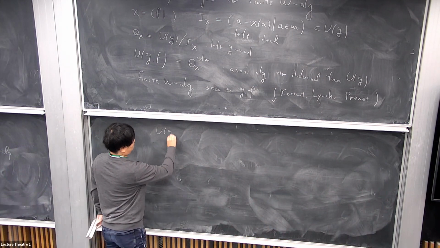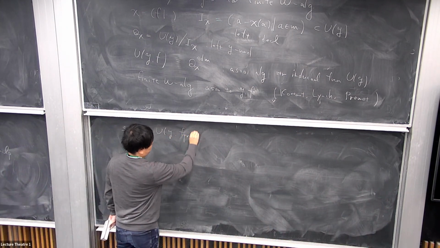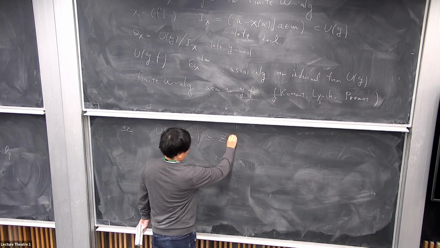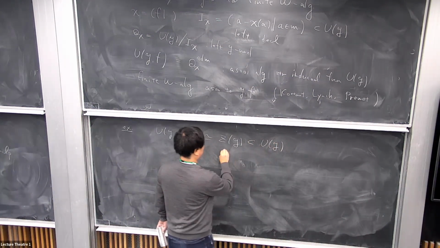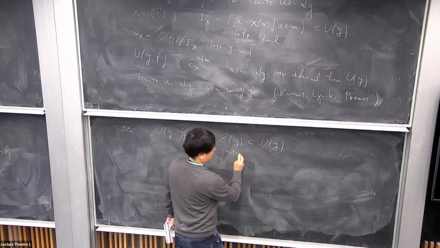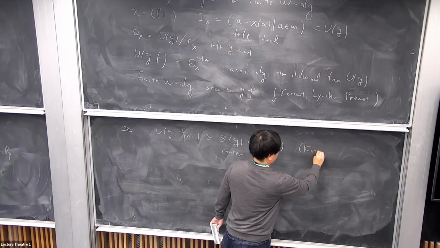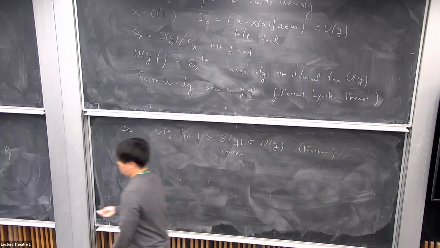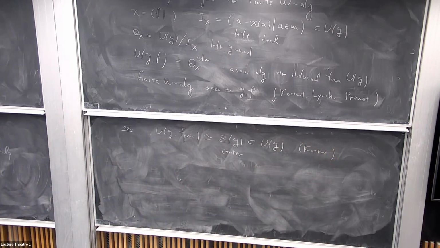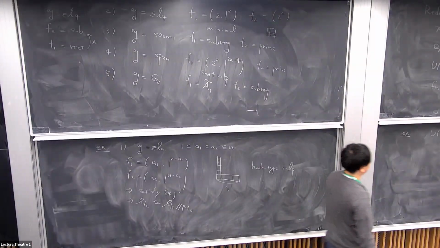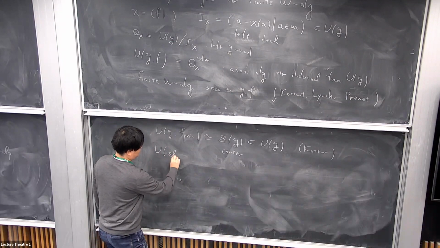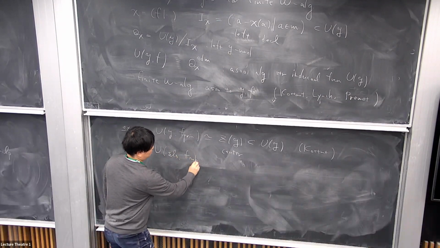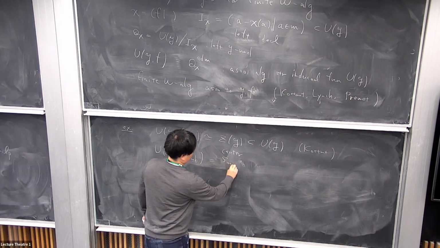I give some examples of this finite W-algebra. As I said, for g with f principal, this is just isomorphic to the center of the universal enveloping algebra. The result is Kostant's. Thinking about the SL3 subregular case, it is called the Smith algebra.